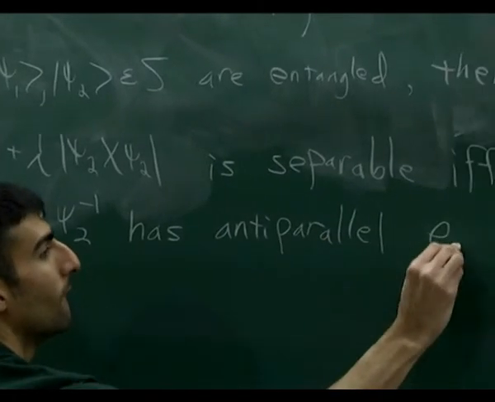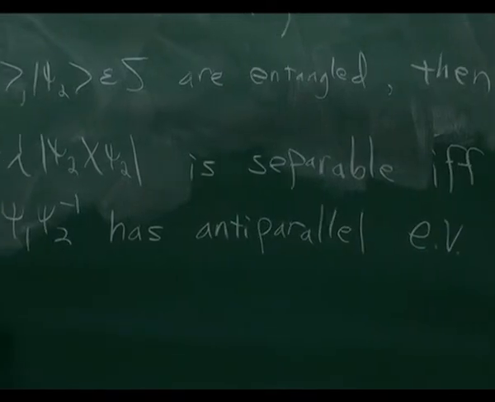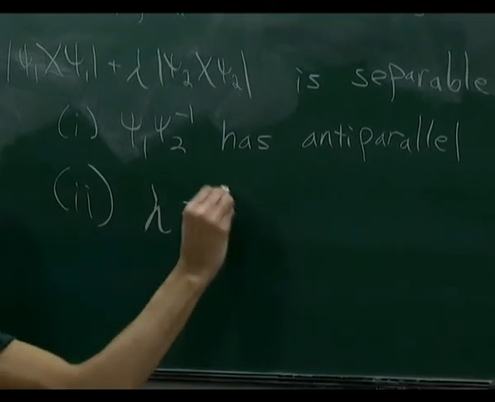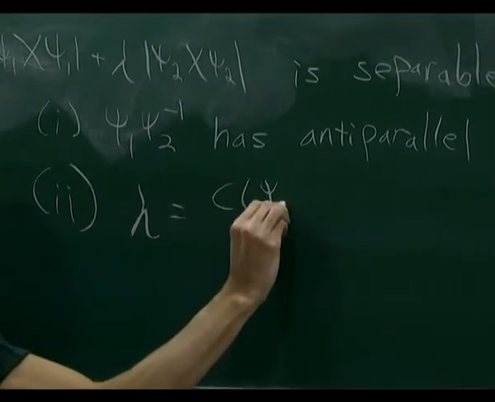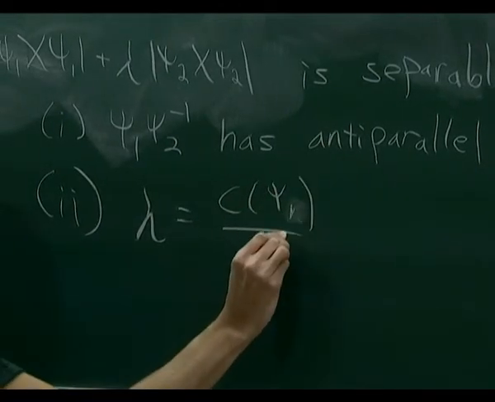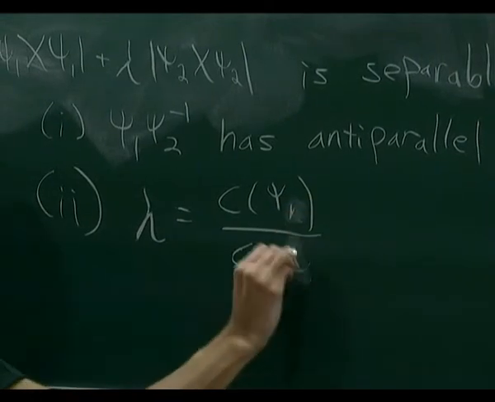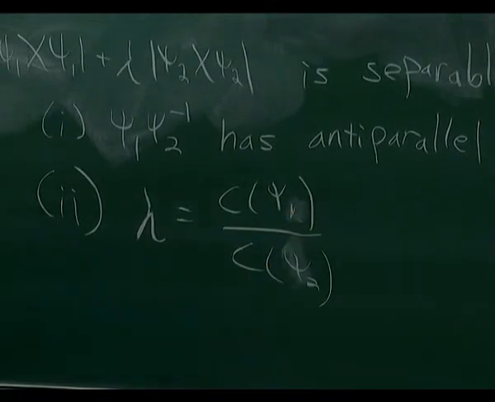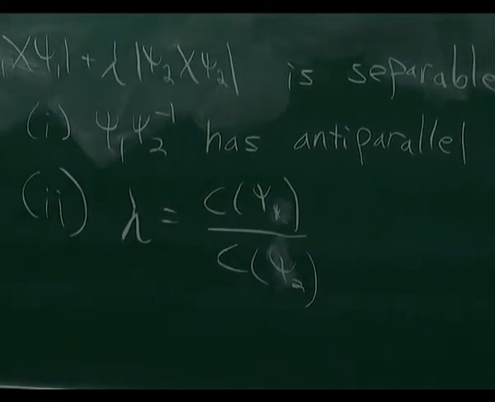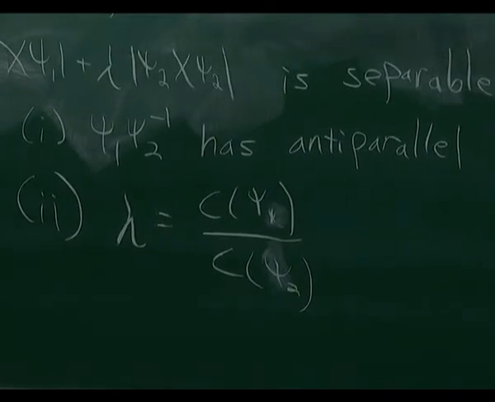And the second is that lambda is the fraction of the concurrences of psi1 and psi2. So this is really where the concurrence comes into play here. I said there's three things, but actually we won't worry about the third part. We'll come back to that in a second. But these are the main two things.